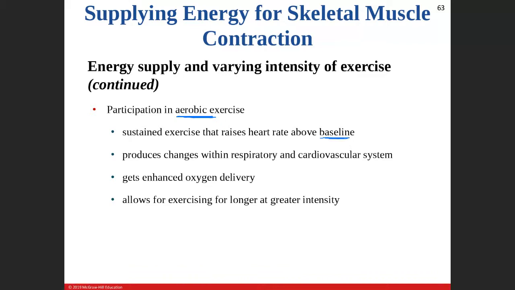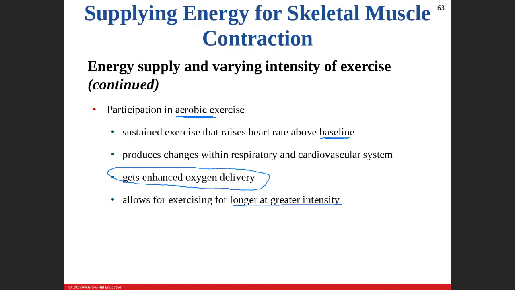But what it does is this: enhanced oxygen delivery to all the cellular tissues that need it, especially if you're going to be doing long-term exercise at a higher intensity. Aerobic exercise is the way to go, and it goes back to what I said before, that 50-50 percentage, 50% carbohydrate breakdown, 50% fat breakdown, for the fuel source.